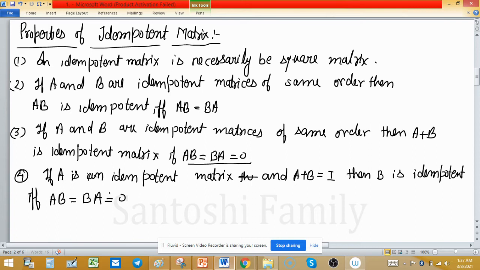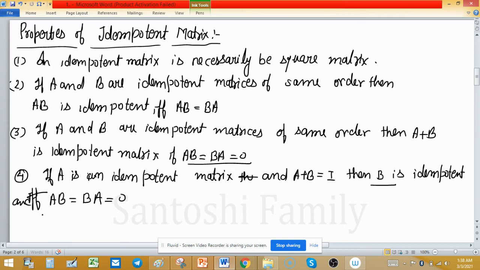If A is an idempotent matrix and A plus B equals I, then B is idempotent, and AB equals BA equals 0.